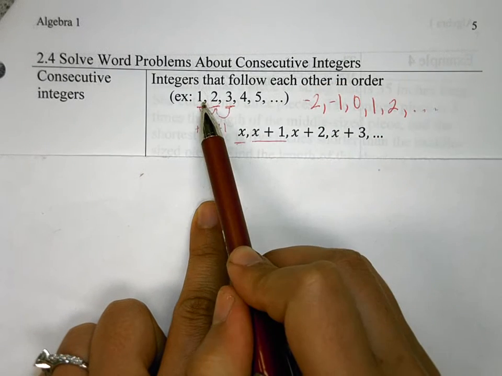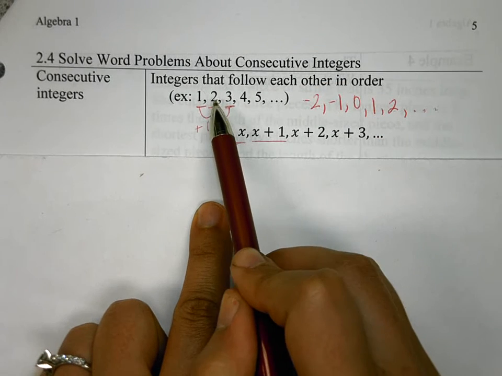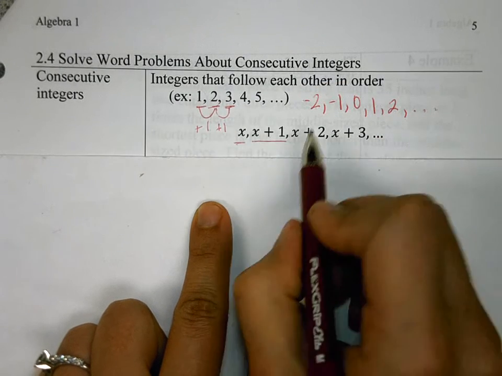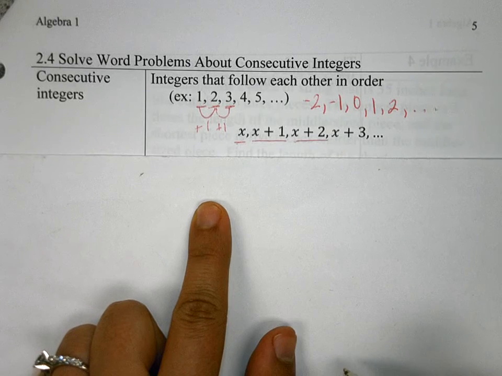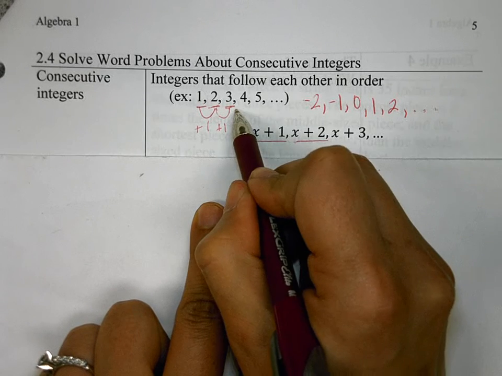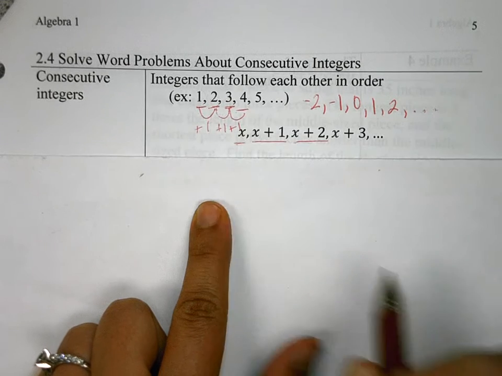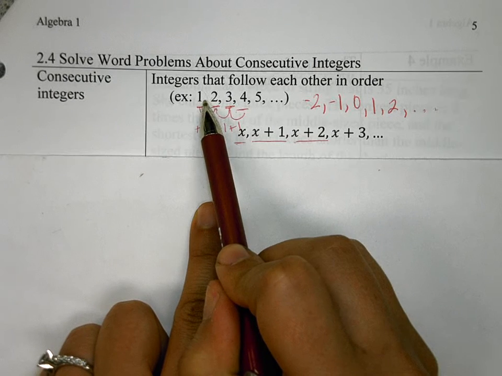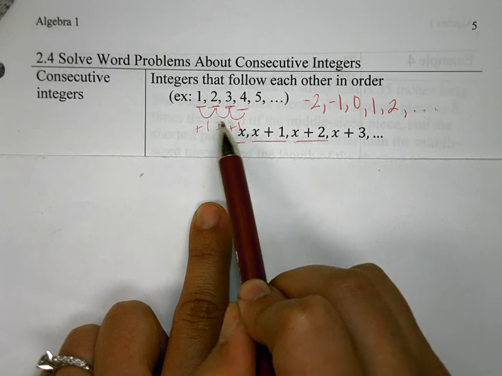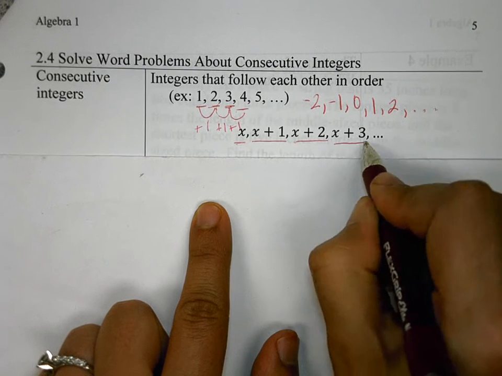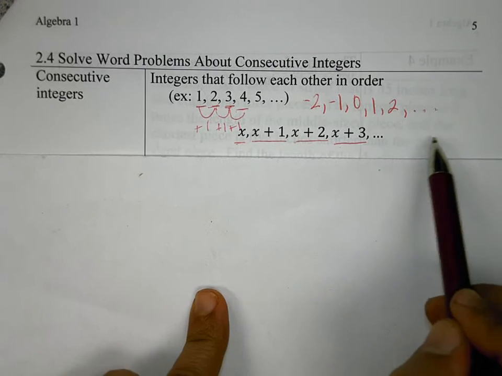So if I'm starting at 1, in order to get to 3, I have to add 1, 2. So my next number would be x plus 2. To get to the next number in our example, 4, I would add 1 again. So this time, if I'm starting at the first one, I have to add 1, 2, 3 times to get to the next integer. And that continues on and on and on.